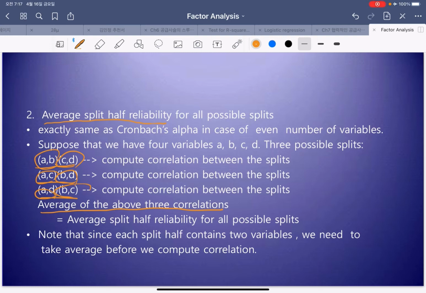Now, when you compute the correlation between the splits, since this one contains two variables, you have to reduce this one to one. So in order to reduce it to one, you need to take the average of these two, and also you need to take the average of these two, and then you can compute the correlation, right?